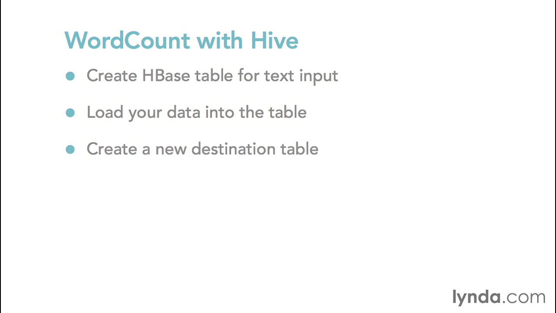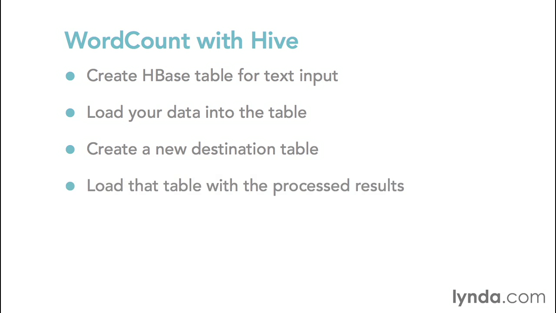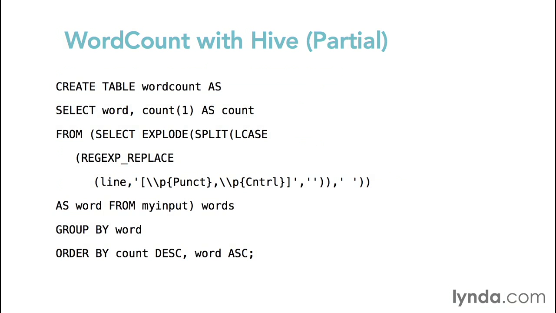And then with your Hive statement, you would create a new destination table, and that table would be loaded with the processed results. So the processed results would be processed via a nested select statement, which I'll show you in the next slide here. So this is a partial example. This is kind of the center of that example. So you create the table, and you create it with two columns, word and count.